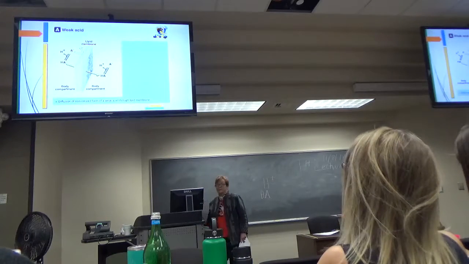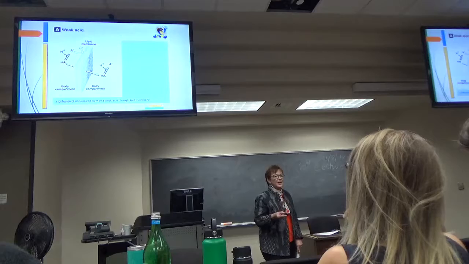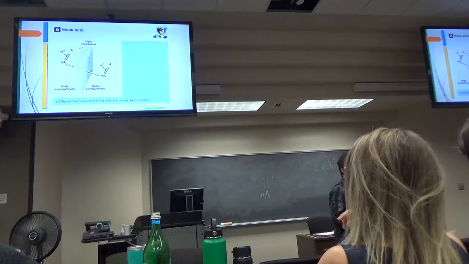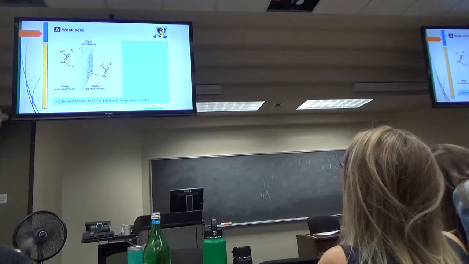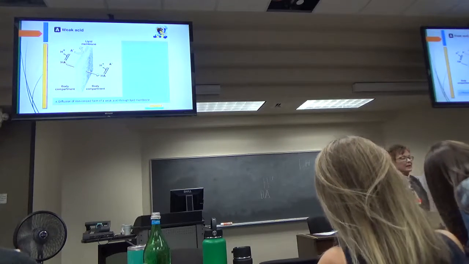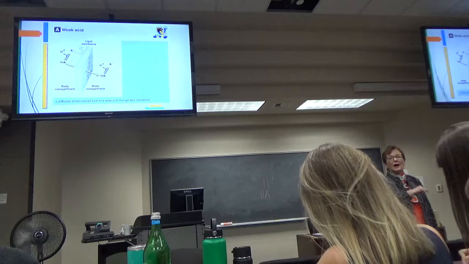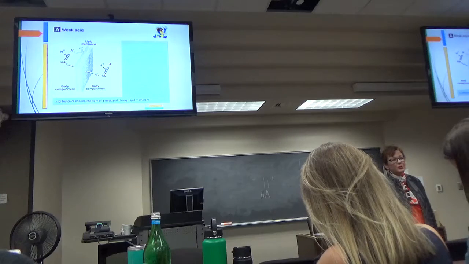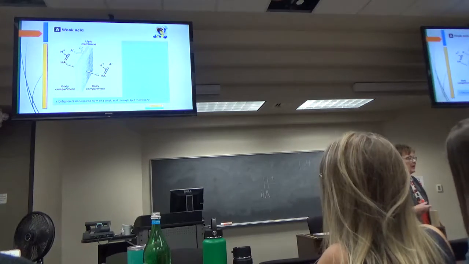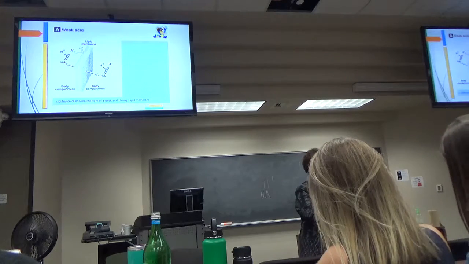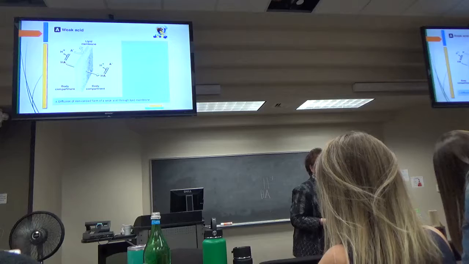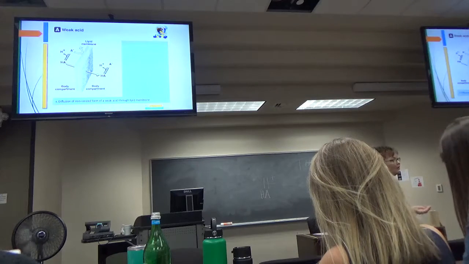Here's a picture. So that HA is the unionized form, and you see it goes through that cell membrane easily and dissociates on either side. The dissociated form will not go through. It's too charged, probably too big, and more polarized, so it won't move through. So the more we can keep it in that unionized form, the better.